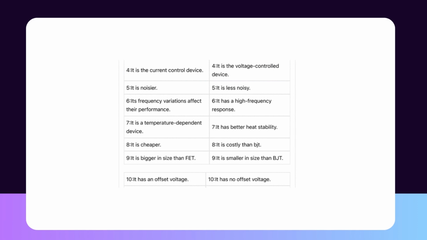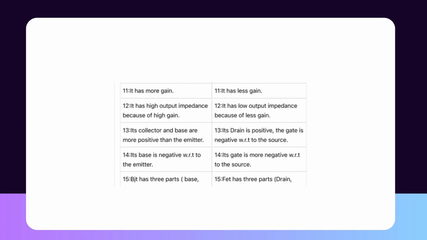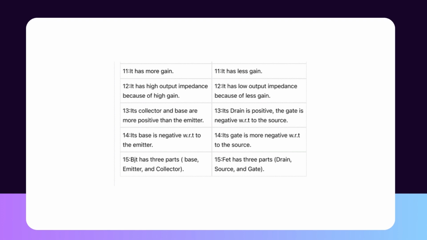BJT has an offset voltage while FET has no offset voltage. The gain of the BJT is much higher in comparison to the FET. FET has lower gain. BJT has high output impedance because of its higher gain, while FET has low output impedance because of less gain.